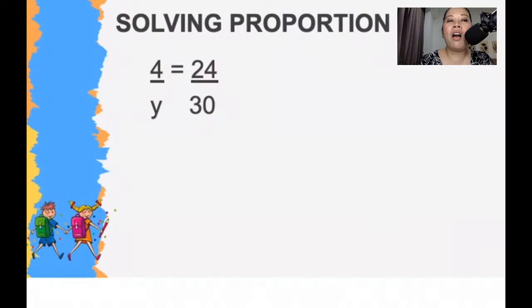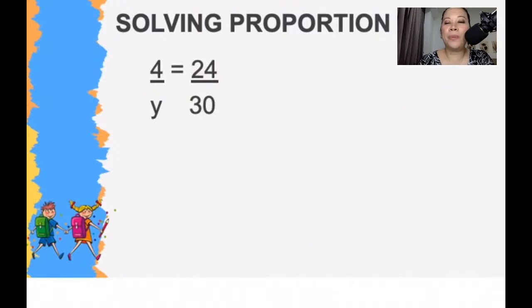Now, if you are asked to identify a value that is unknown in a proportion, like for example, yes, it's grade 7. If you are given a proportion wherein one is unknown, yes, that's right, Punini, it is not equal.